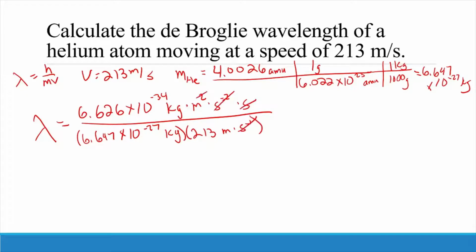We can see our units canceling out, and we're left with meters for our wavelength, which makes sense. So we get 4.68 times 10 to the negative 10th meters.